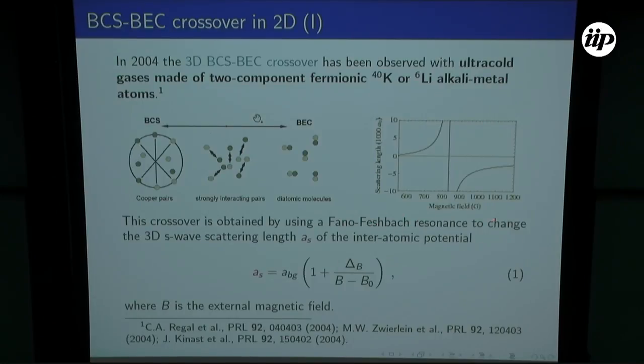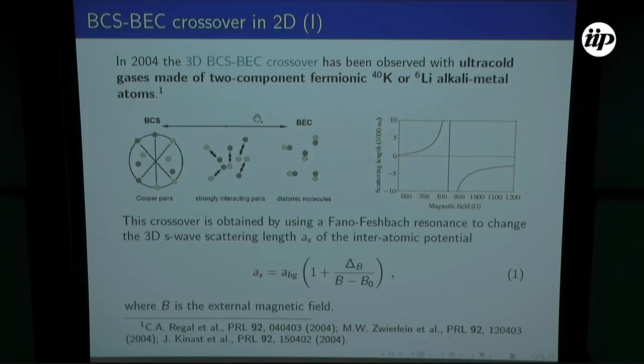This technique is based on an external magnetic field B, and by changing the intensity of the magnetic field it is possible to show that the scattering length between atoms changes, and can be very large or very small, and can also change sign.